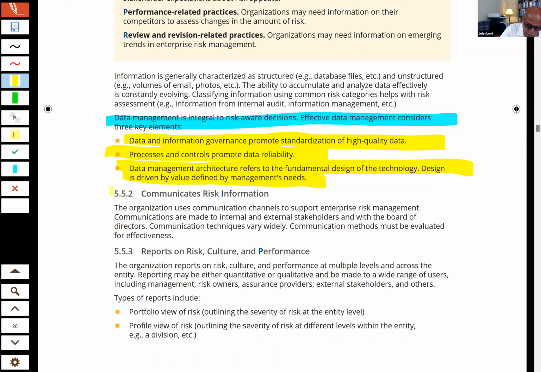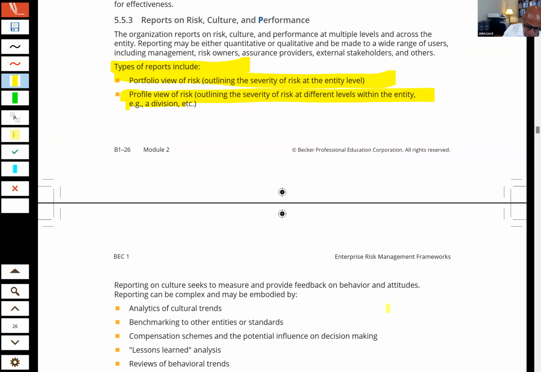Okay. Communication of risk information. The organizations use communication channels to support enterprise risk management. Communications are made to internal and external stakeholders, just as we said for the internal control, right? Types of reports. You can take a portfolio view. You can take a profile view when you're talking about these reports. Okay.